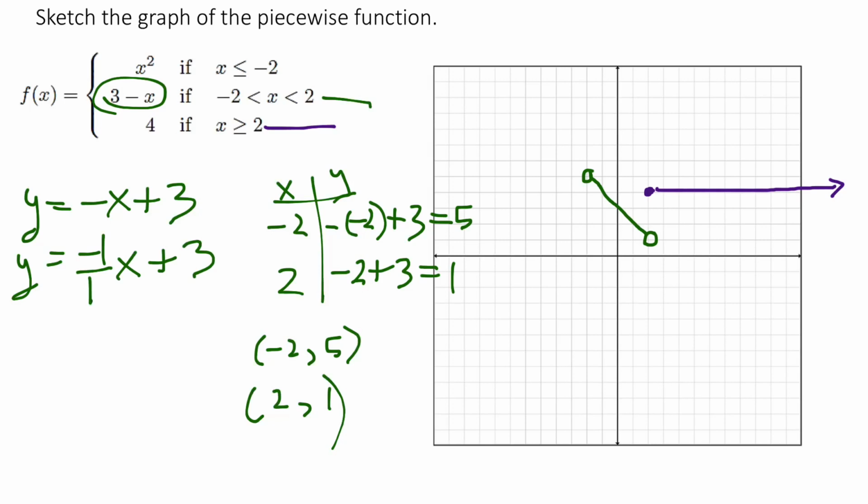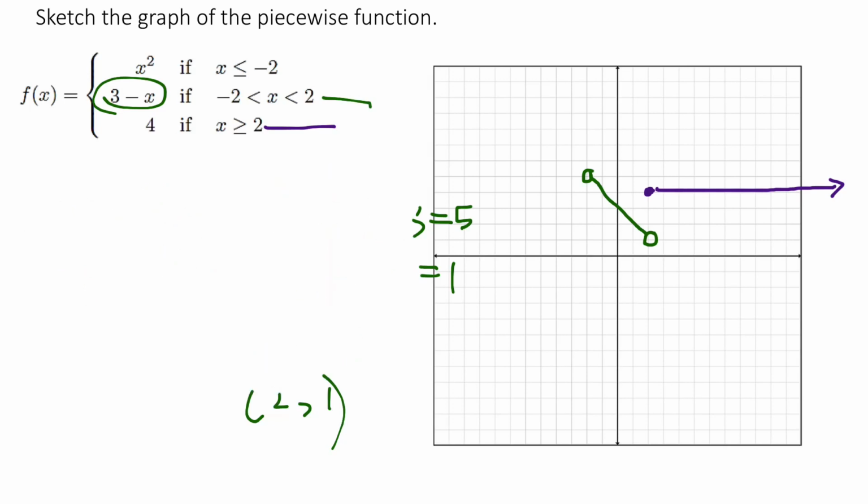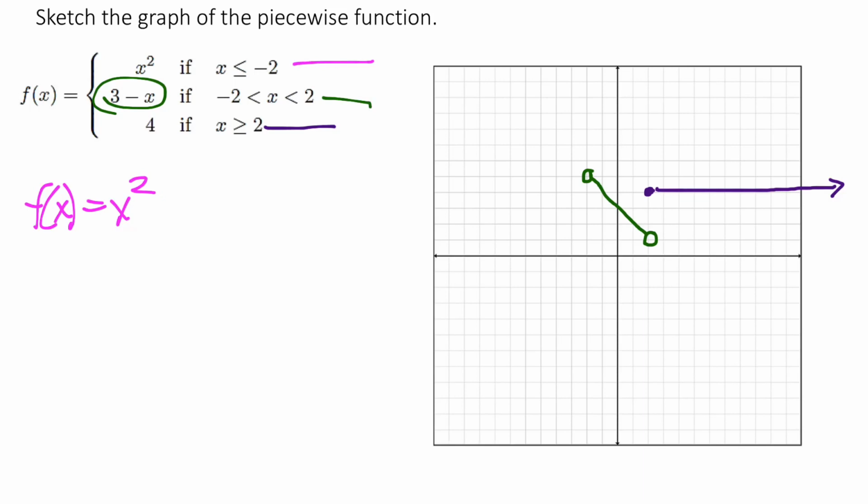All right. And then the top one of f of x is equal to a parabola, an upward facing parabola, if x is less than or equal to negative 2. So let's just take a look at what a couple dots would look like for that one. And we'll do that graph in pink. Okay, so if we're talking about f of x is equal to x squared when x is less than or equal to negative 2, let's just get a couple dots in there.